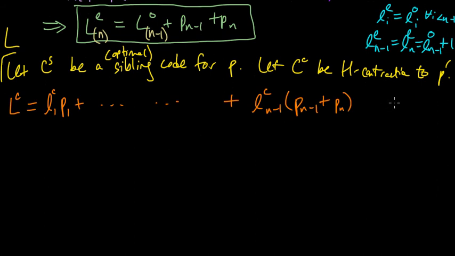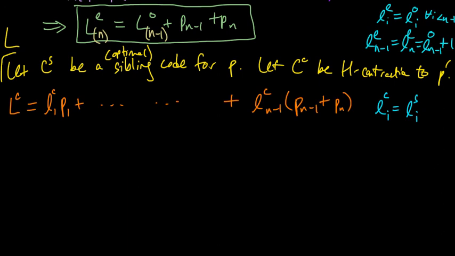So the lengths satisfy that the length of the word for the contracted code is just like before. It's the same. Maybe let's write down an example here for concreteness so we can remember.